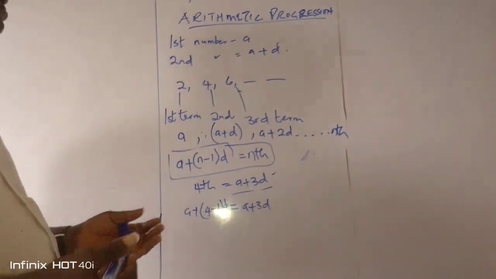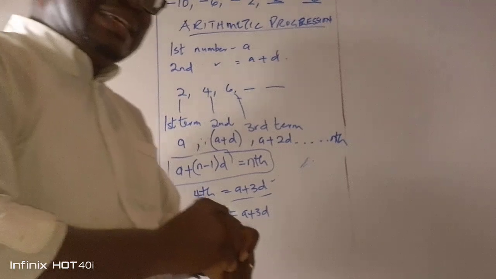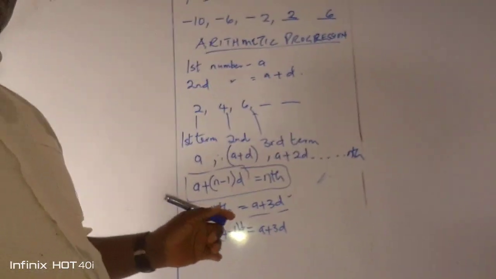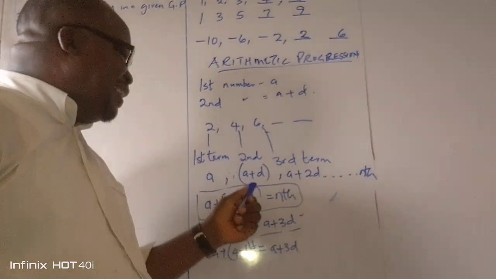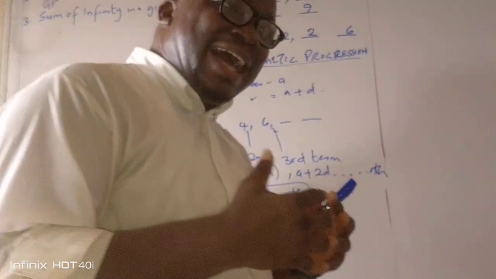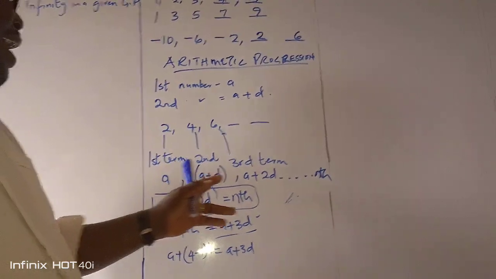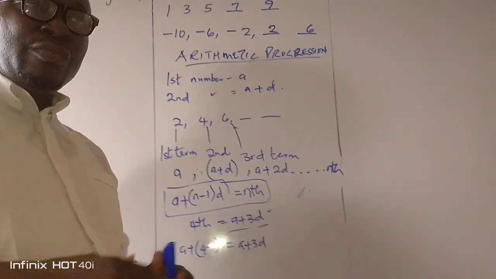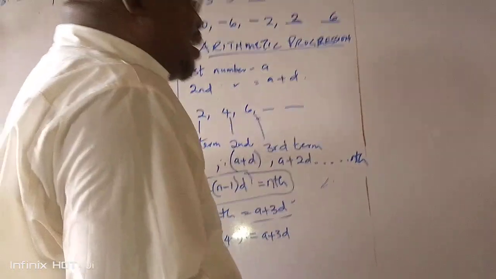So when we have an array of numbers that are different from each other, by adding a constant number, we call them arithmetic progression. So for instance, let's look at an example.